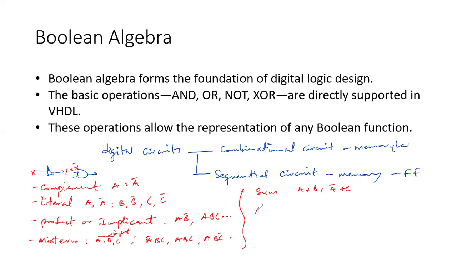And now the maxterm, just like the minterm, is a function of the number of inputs we have in this expression, and it must be the sum of all of those inputs. So the sum must include all the inputs of the function. If we have three inputs, then the maxterm will be A plus B plus C, A bar plus B plus C bar, all the way.